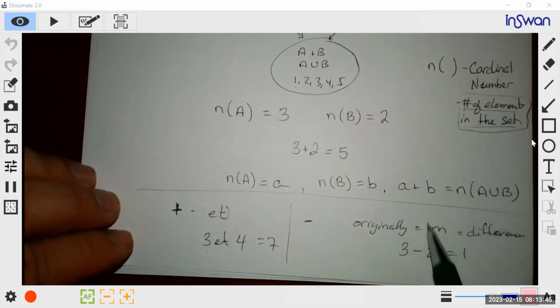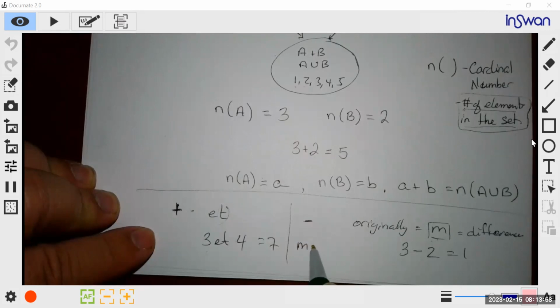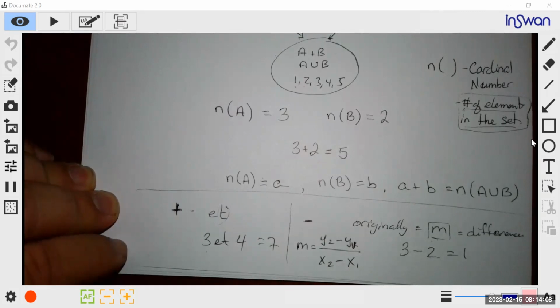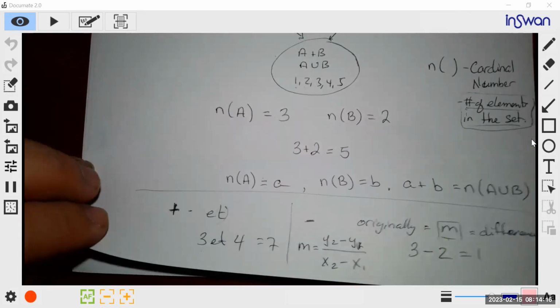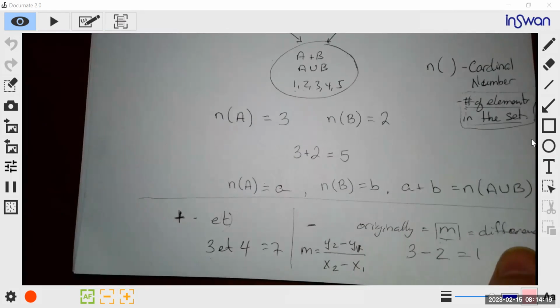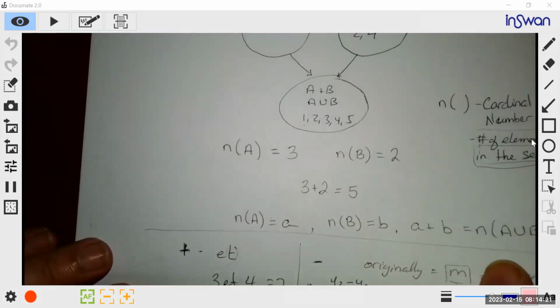So when we take algebra, we learn M stands for the formula for slope. Why is this symbol represented for slope? Because the formula for a slope is the difference between the X values and the Y values. But we'll talk about that when we get to algebra. All right, so that's the first one. We have set theories. We're using the cardinal numbers of sets.